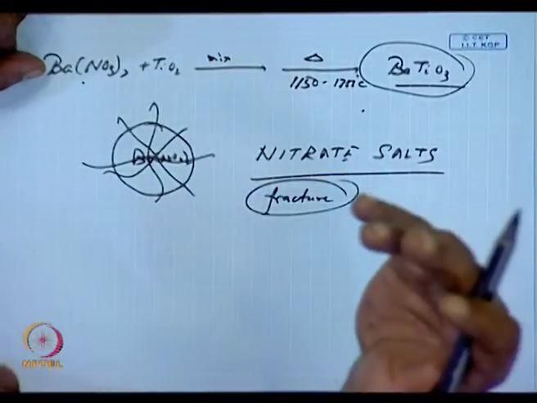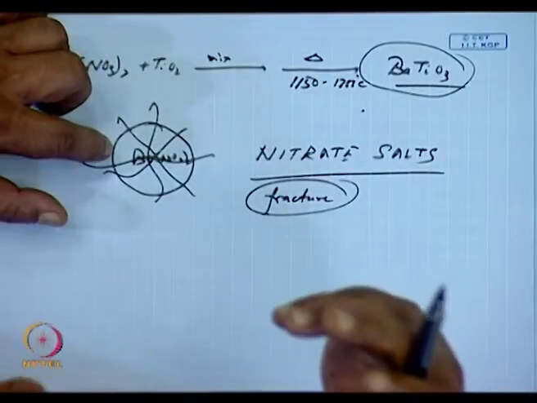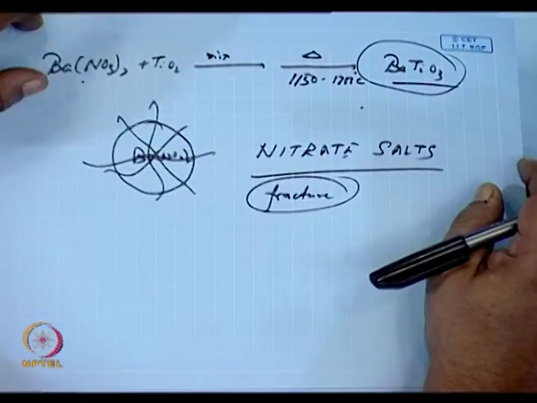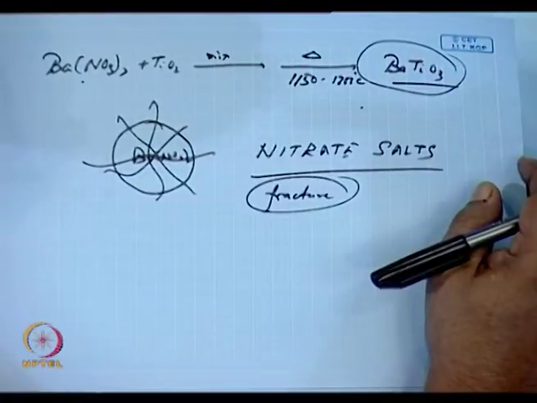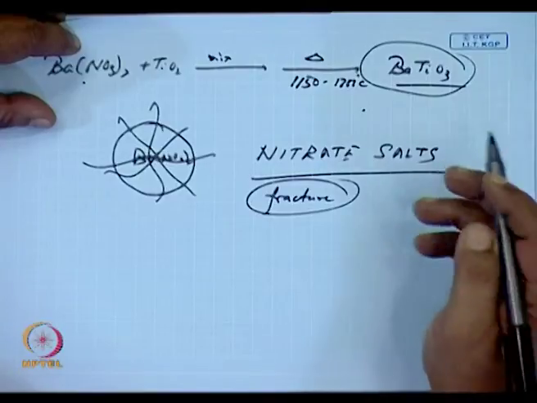As a result, generating fresh surfaces, and the reaction of titanium dioxide is very fast. We at times today in the laboratories prefer to prepare barium titanate using the nitrate route because it's a single step process. Yet even here at times we have inhomogeneity, which is a problem with the solid state reaction route.